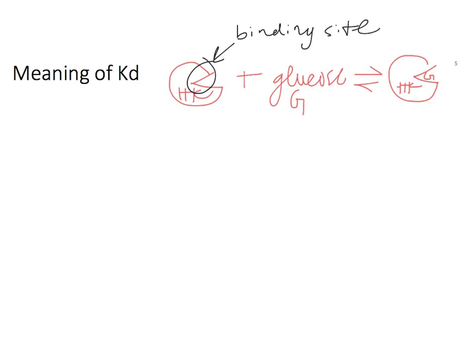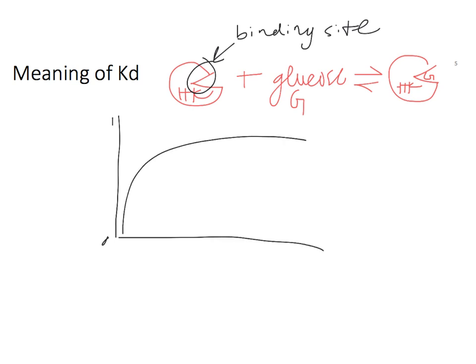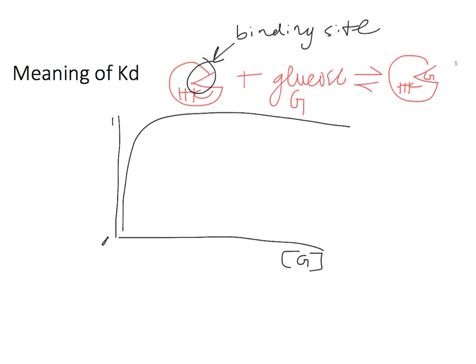All right, so this would be a hyperbolic graph. 0 to 1. Didn't quite get all the way up to 1, did I? All the way up to 1 here. Okay, where glucose would be on this axis because it is the ligand, it is the thing binding to the protein. And we've got a series of values here.